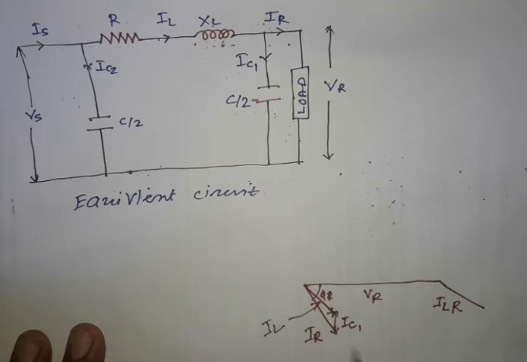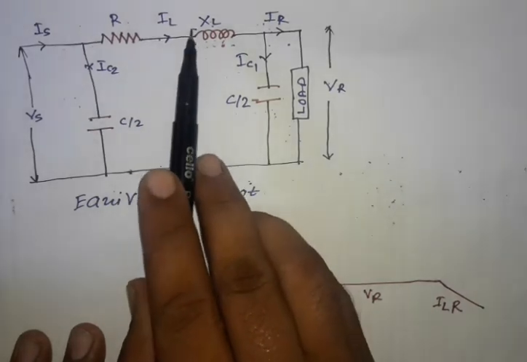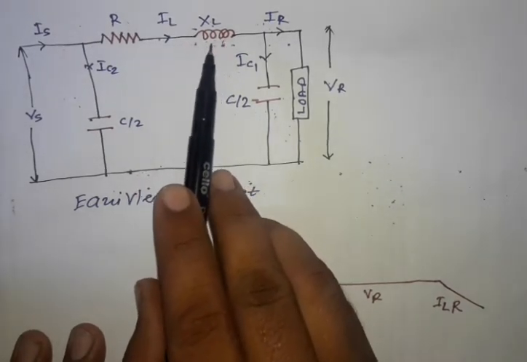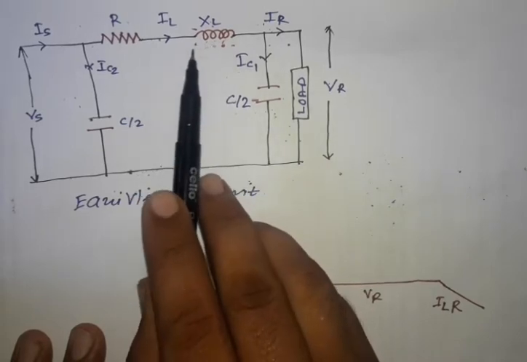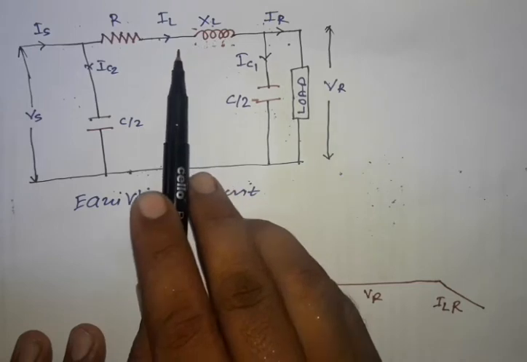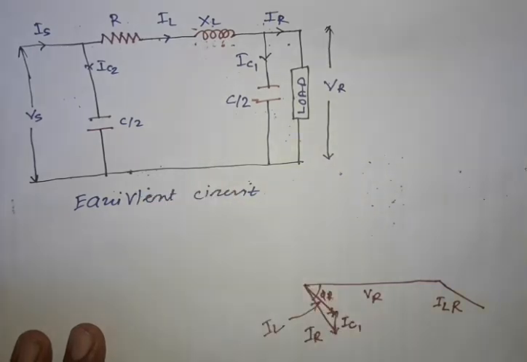Now this current is flowing in the inductor, and the inductor produces reactance, and the current flowing in the reactance produces a reactive drop, and this reactive drop is at 90 degrees to the current IL.